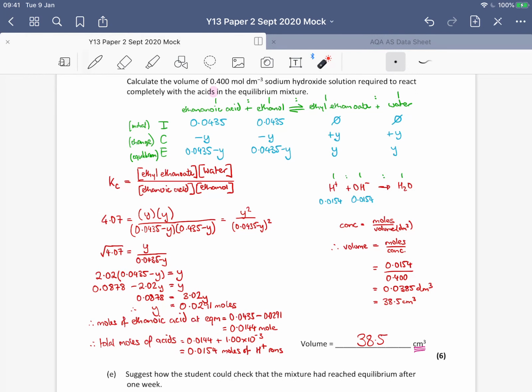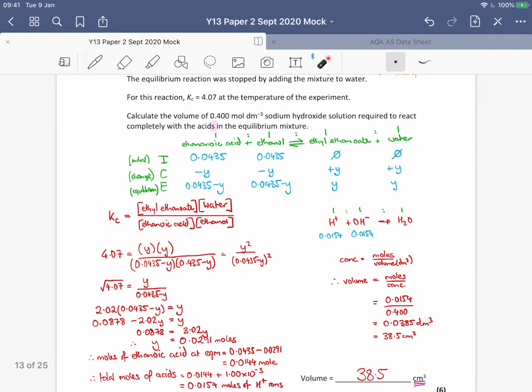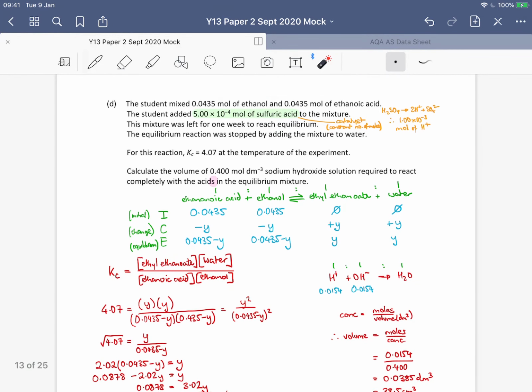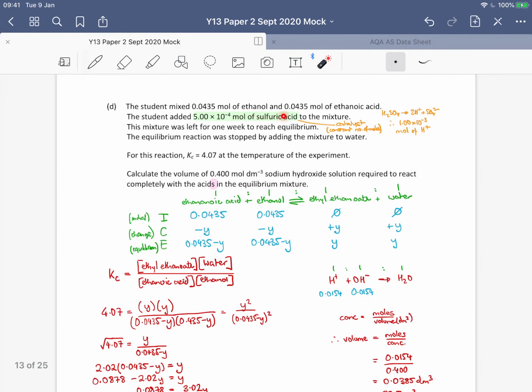Then we were being asked to calculate the volume of sodium hydroxide needed, given that concentration, that would react completely with the acids in the equilibrium mixture. So with the acids, we needed to recognize that it was whatever was left of ethanoic acid plus the hydrogen ions from the sulfuric acid catalyst, which stayed constant.